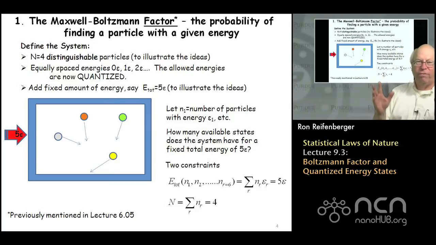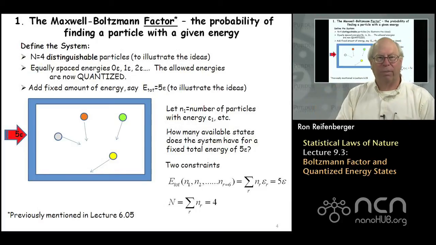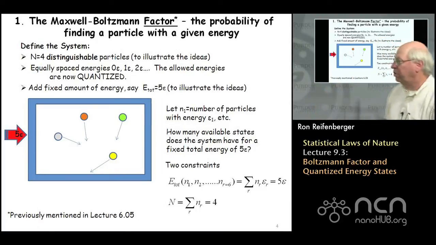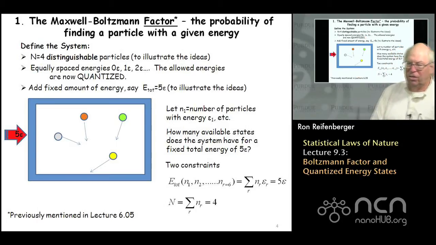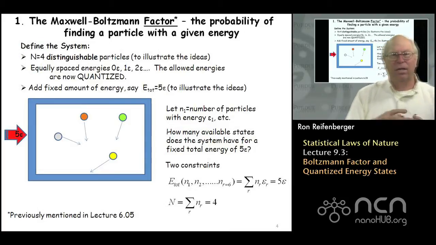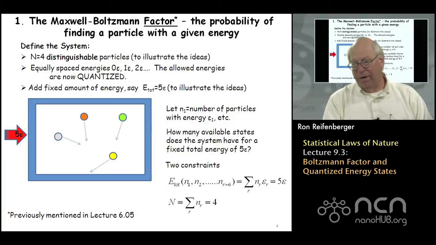We're also assuming, for the sake of simplicity, that the energy levels are equally spaced, and the spacing between energy levels is given by this parameter epsilon. That's a constraint that can be easily relaxed. The problem is if you relax it, then the arithmetic just gets a little bit more complicated.